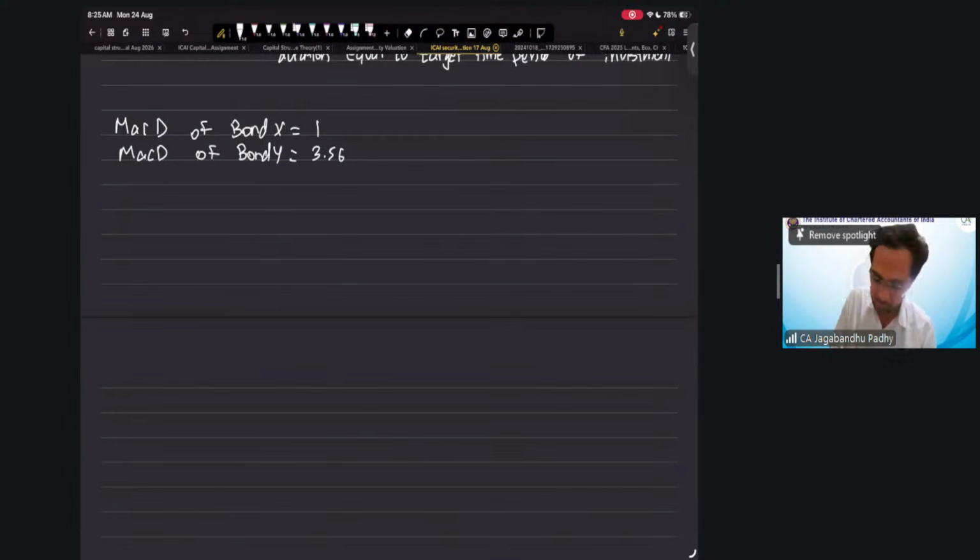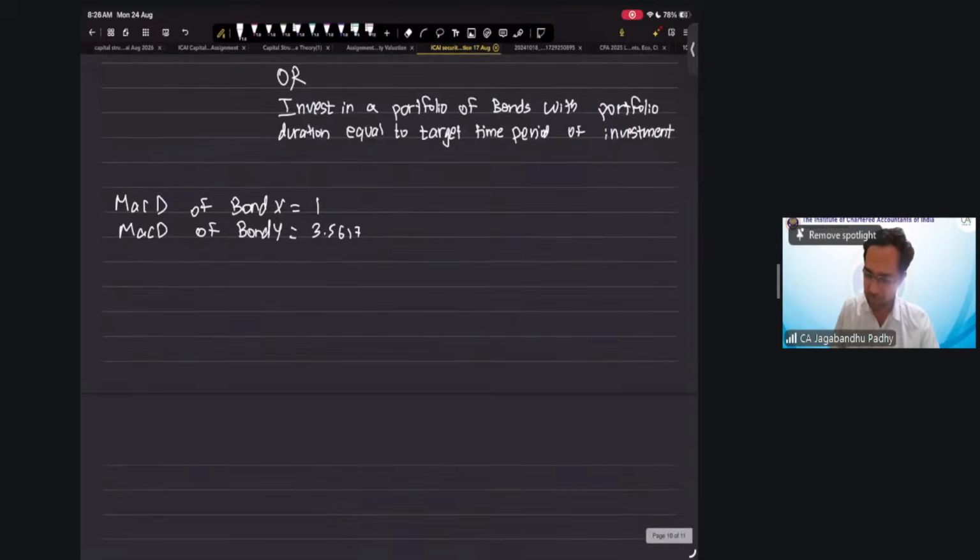The Macaulay duration of bond Y is 3.5617. So we have 1 and 3.5617. As per our strategy, we invest in a portfolio of bonds with portfolio duration equal to the target time period of investment.